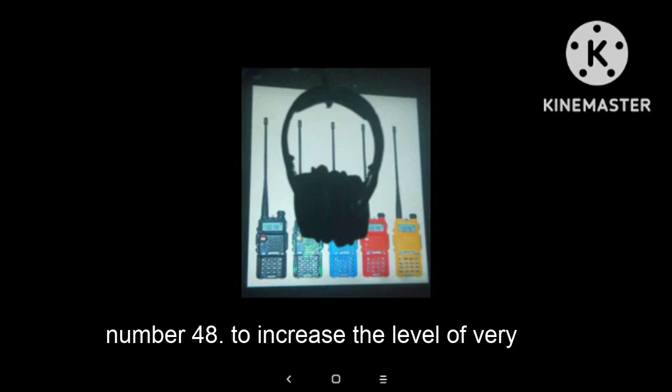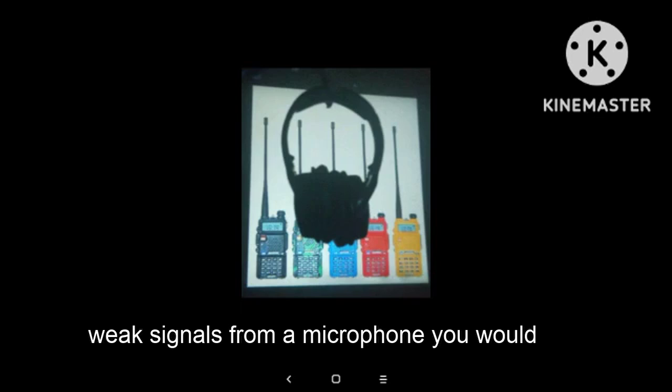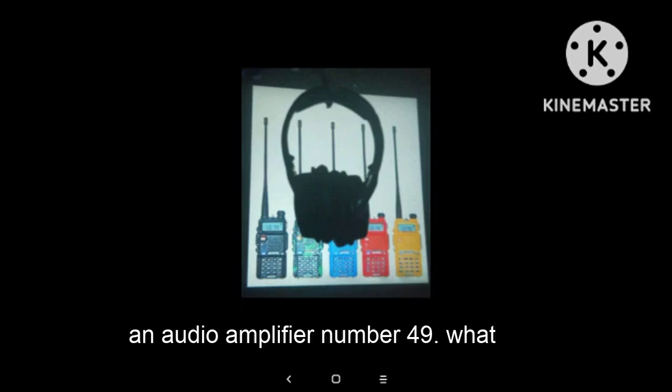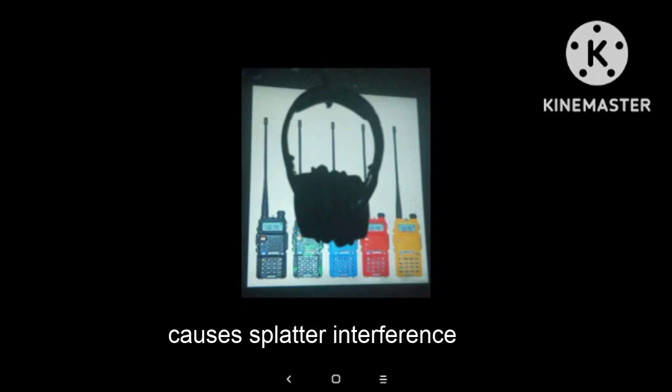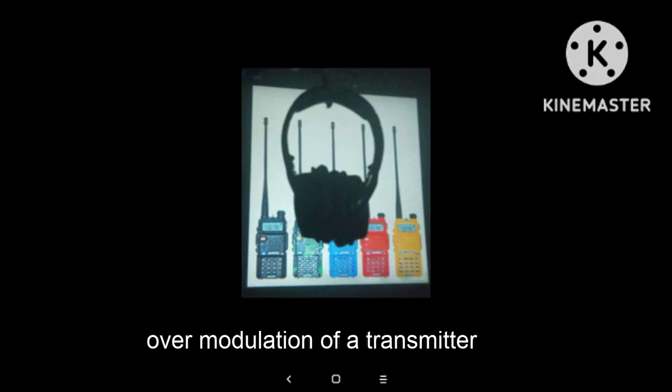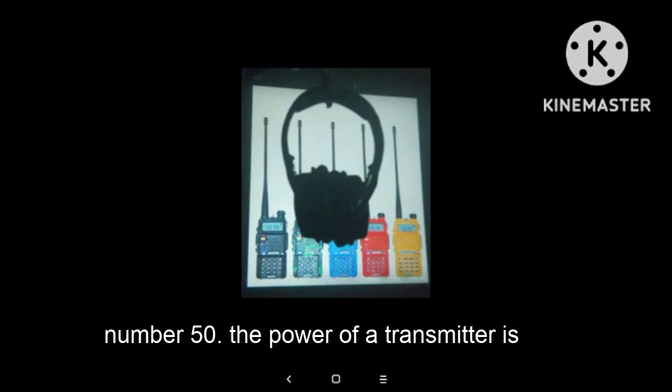Number 48. To increase the level of very weak signals from a microphone, you would use an audio amplifier. Number 49. What causes splatter interference? Overmodulation of a transmitter.